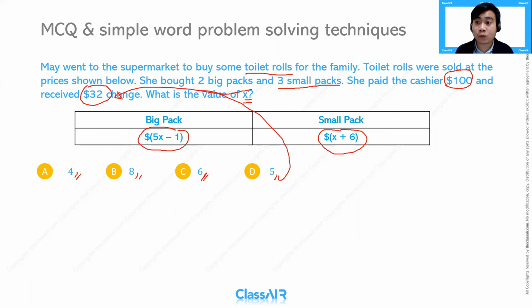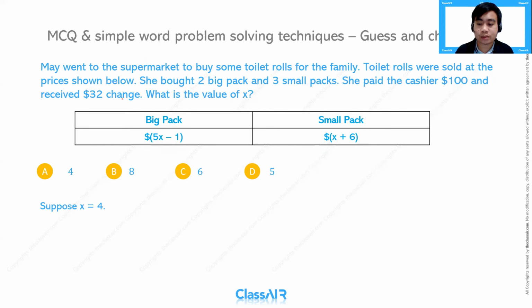Okay, if we assume x to be 4, then a big pack is equal to 5 times 4 minus $1. It is equal to 20 minus $1, which is $19.